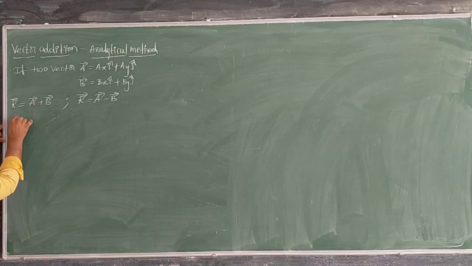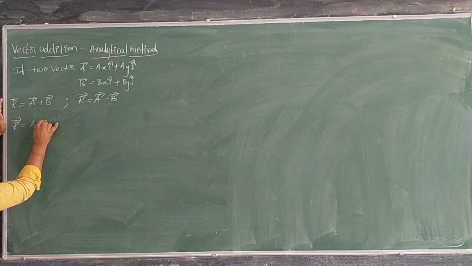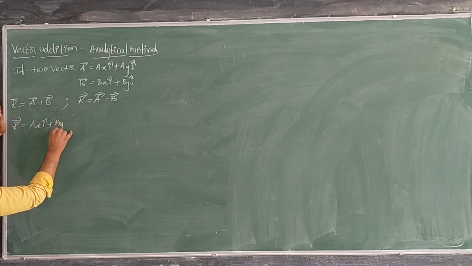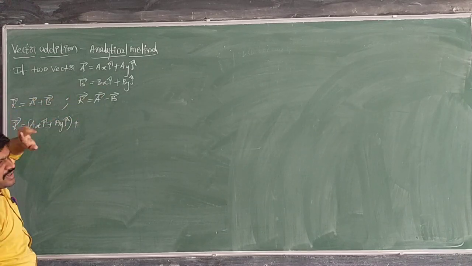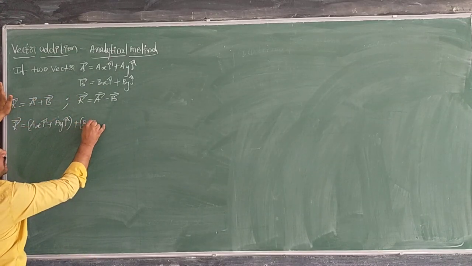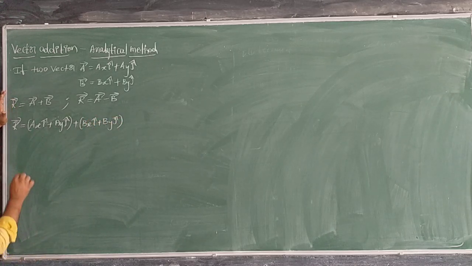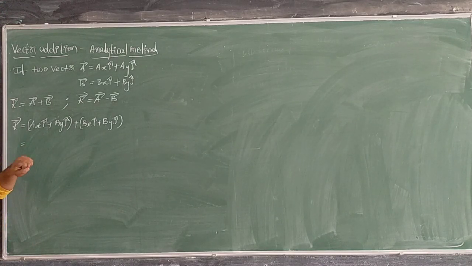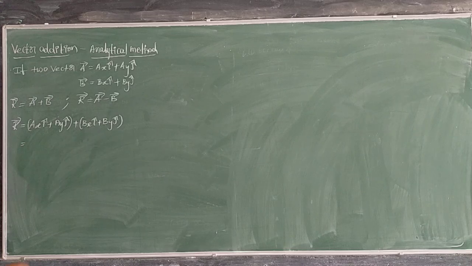First, R bar is equal to A bar plus B bar, which is Ax i cap plus Ay j cap, plus Bx i cap plus By j cap. While adding by the analytical method, the i component is added only with the i component, the x component with the x component.